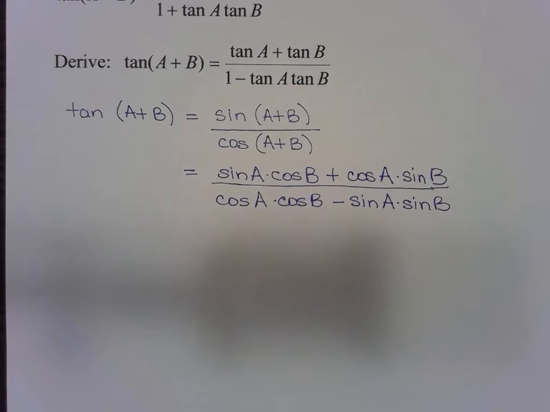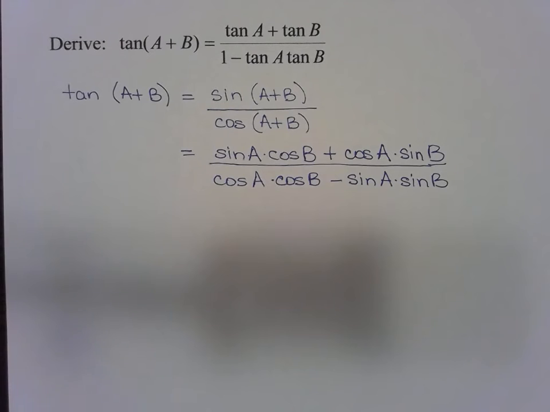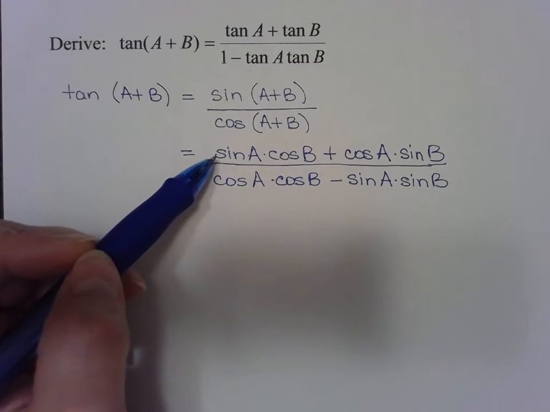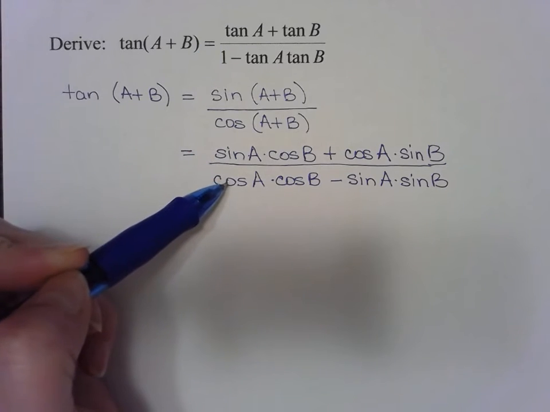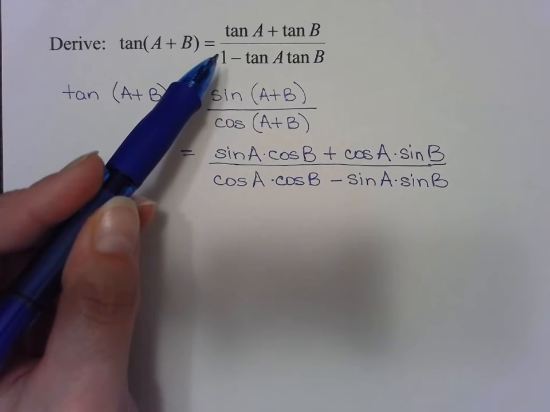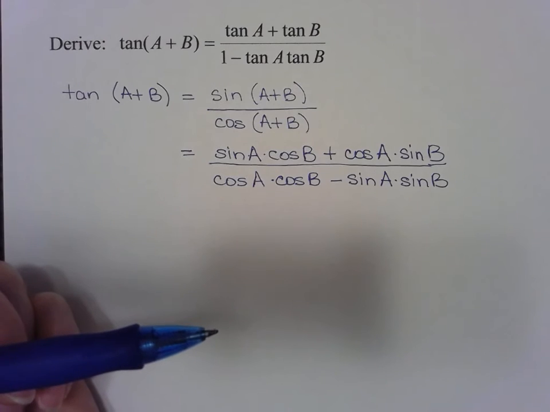This next part, to get from where we are now to where we would like to go, I think takes some creativity, right? And it may not be really obvious right now how I'm going to turn this into this, or how I'm going to turn this denominator into this. So what we can do, we know that tangent is the sine over the cosine.